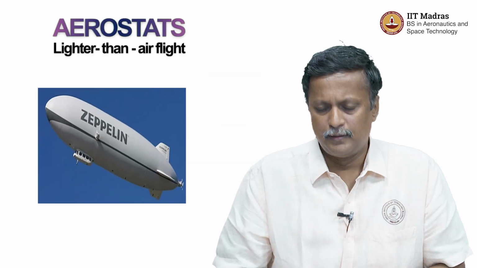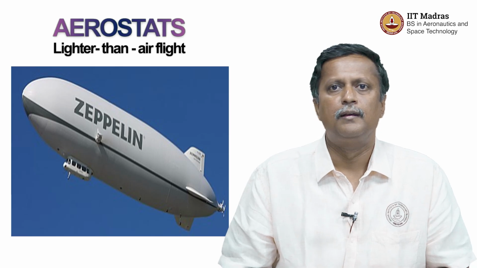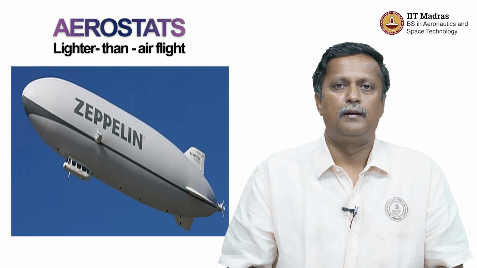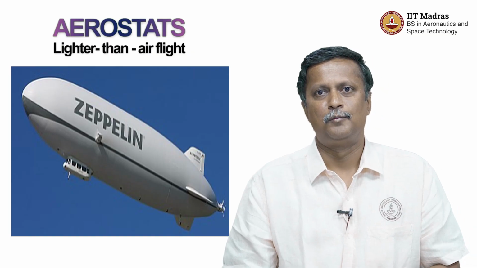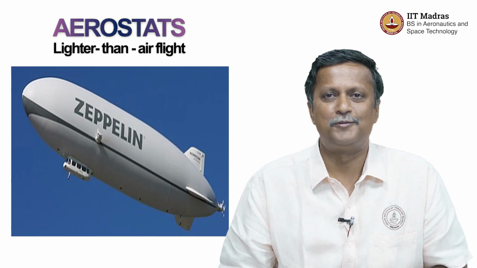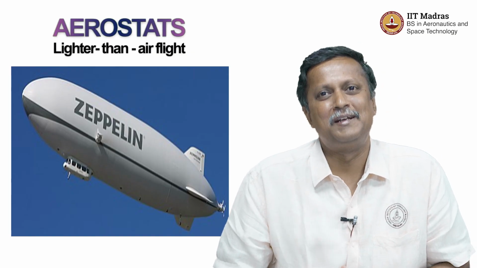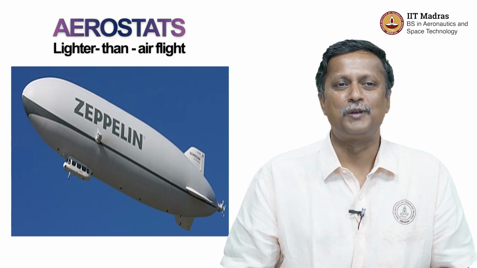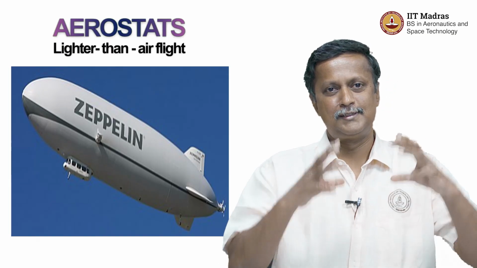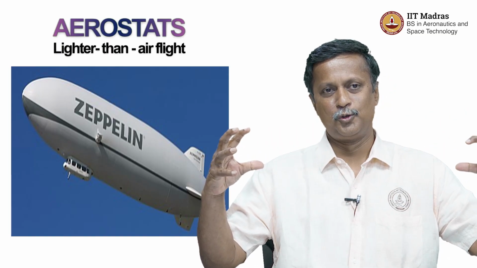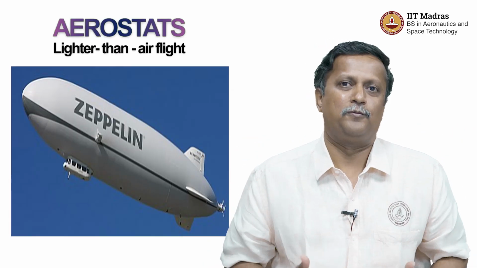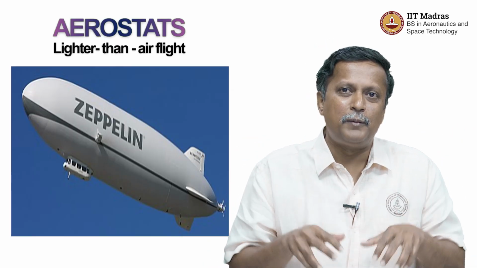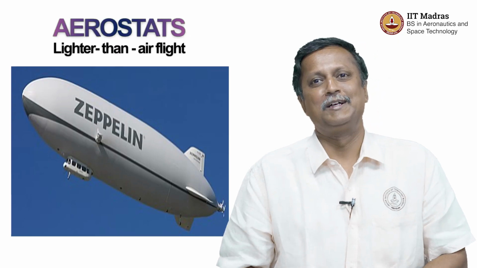So you can see the picture of the Zeppelin, which was an airship here, and of course there is this Zeppelin which looks nicely like a modern day aircraft. In fact, the first time I saw this Zeppelin image was when I was a high school kid, and I thought this long tube which has the word Zeppelin written on it was the fuselage, and the people are sitting inside that. That's not actually correct.